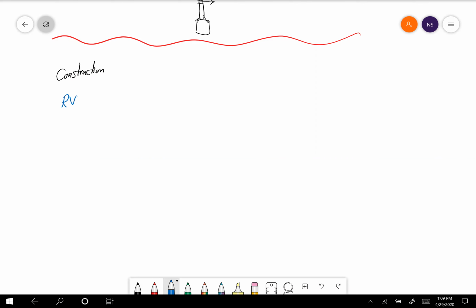And this is the timeline or life of the pavement.